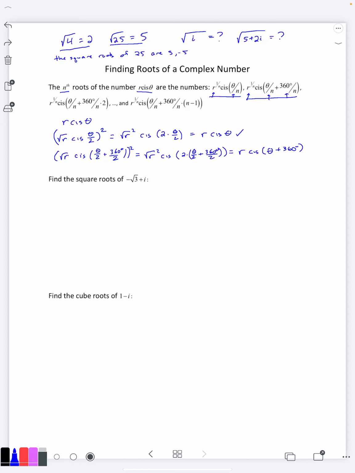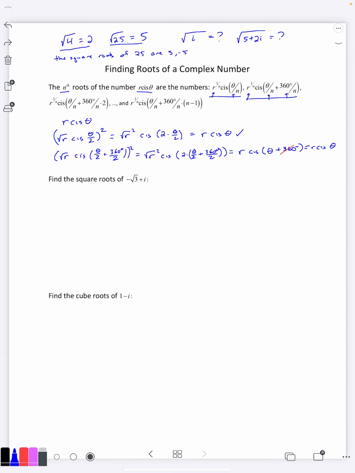If it was a cube root, you'd be multiplying by the power 3, but you divided by 3 in the first place, so it's always going to cancel out and give you 360 there. And then we know that because the period is 360 degrees, you might as well not even have that in there, and you still get back to the same number, r cis theta, because cosine and sine are periodic with a period of 360 degrees.